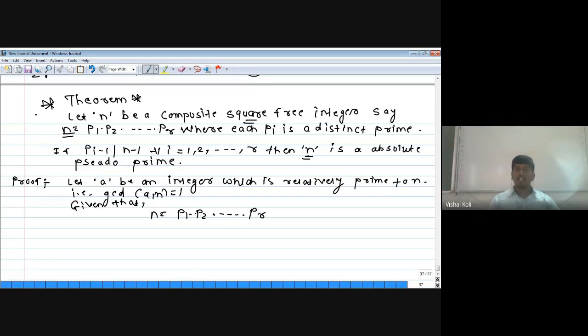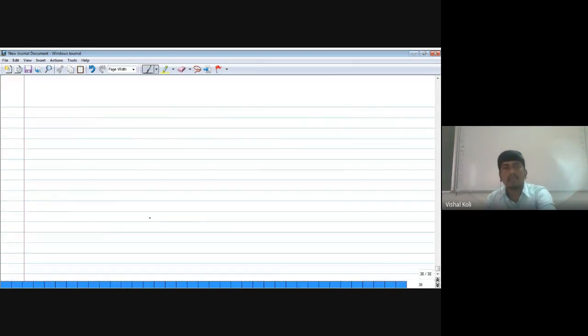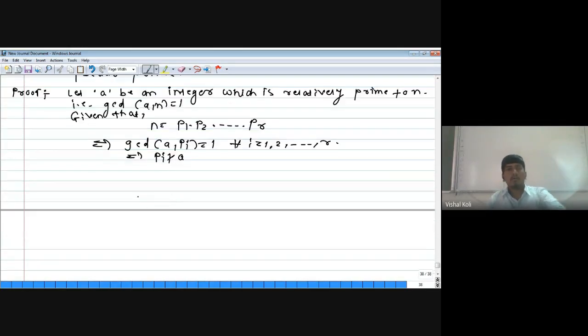Then a must be relatively prime to each of these prime factors pi, where i runs from 1 to r, which implies GCD of a and pi is equal to 1 for all i running from 1 to r. So as GCD of a and pi is 1, pi does not divide a. As pi does not divide a and each pi is a prime, here we can use Fermat's theorem.